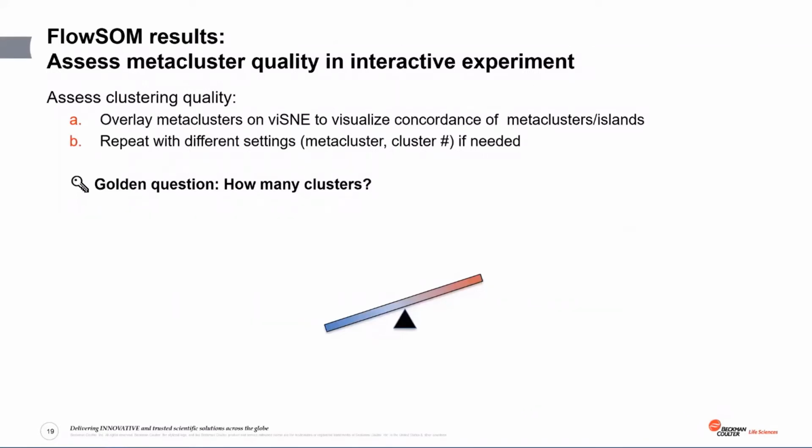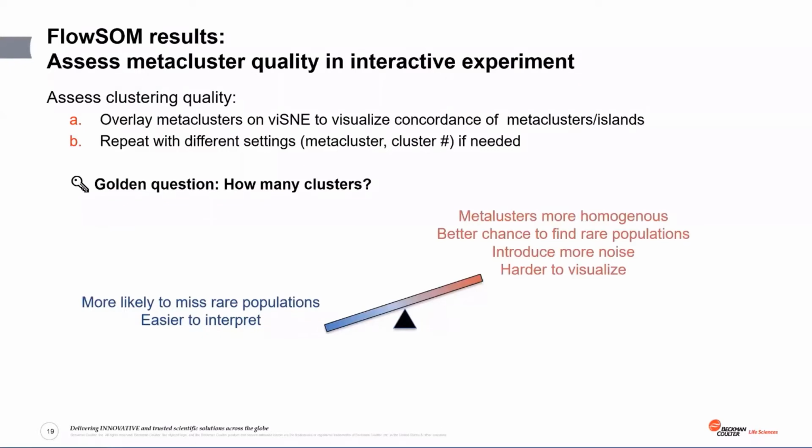How many clusters are there in your data? And there's a balance, right? If you choose few clusters, your data are a lot easier to interpret, but you're more likely to miss rare populations. And if you choose a high cluster number, it's harder to visualize, to understand easily what's going on.